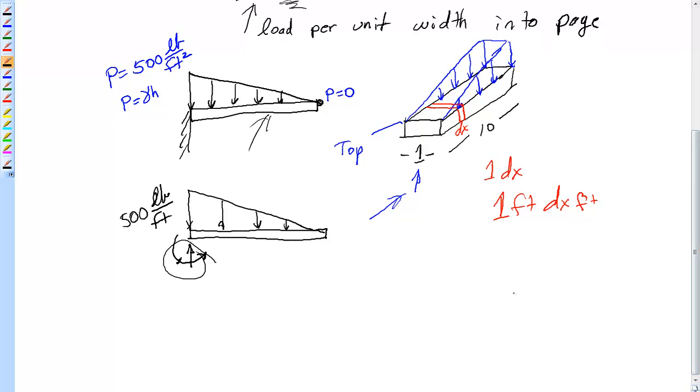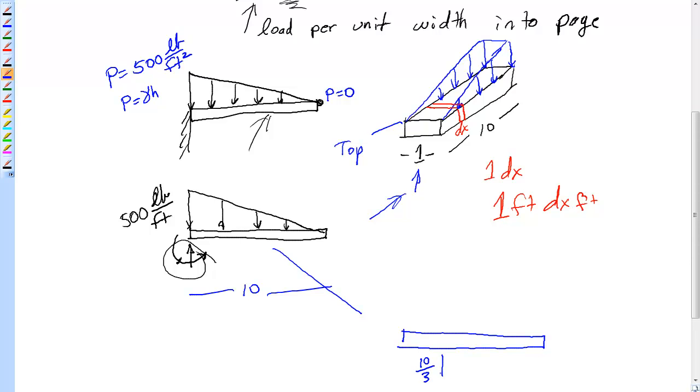So you figured this out long ago, that this is equivalent to a diagram in which, you have to remember, this is 10 foot long, so this is 10/3 over to here. The load here was what? 500 pounds per foot times, now this is the case, if you remember, where this part of the load is not existent, so this is taken off, and this load's half of that load.